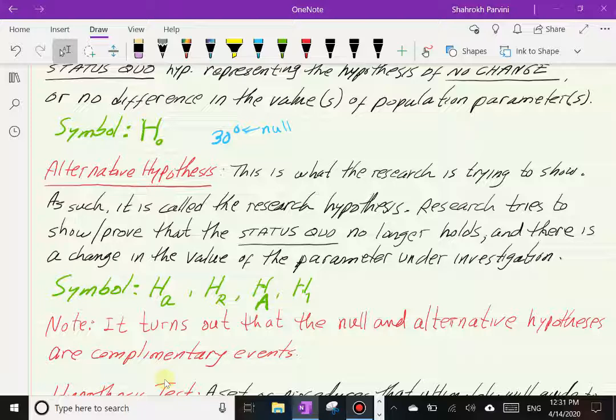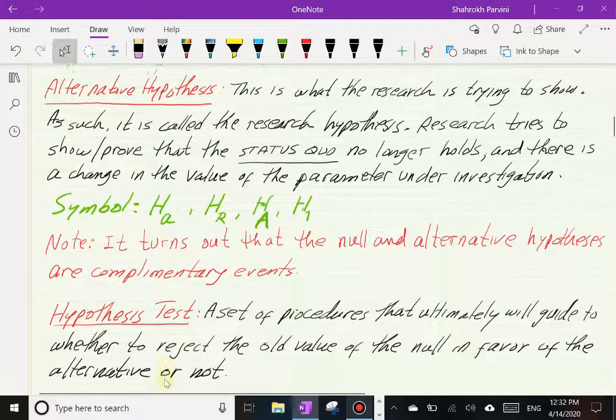Being complementary means they have no common outcomes. So for example, if the null says something is good, the alternative says it's not good. You can say bad, but simply not good is the negation of the null. So keep in mind that null and alternatives must be negations of one another.